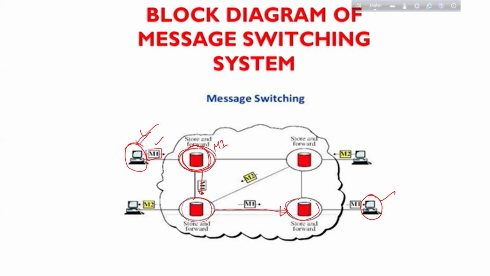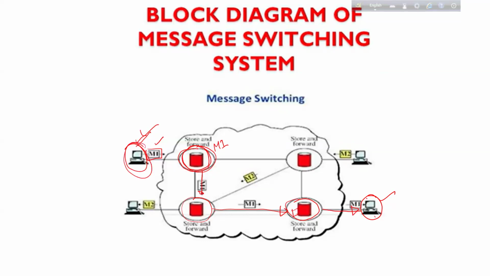That router will receive the message, store it, and according to the destination address, send the message to the destination.